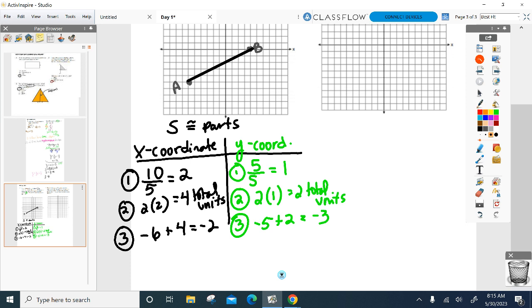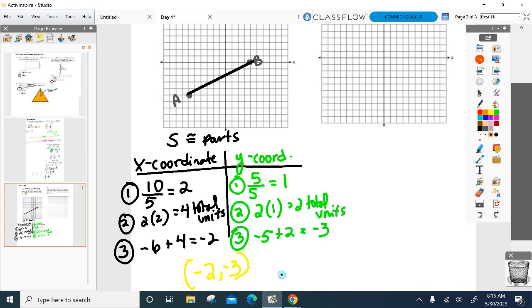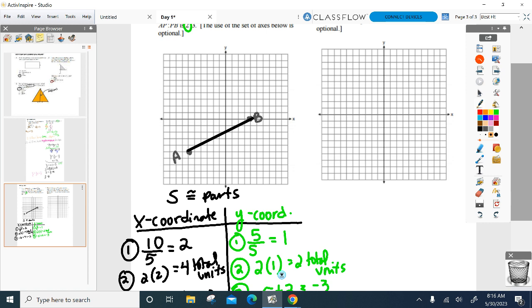So our partition point should be (-2, -3), and this is why graphing is not optional for my students. That partition point should end up on your line. So that's why I want you to graph it. Make sure (-2, -3) ends up on the line.